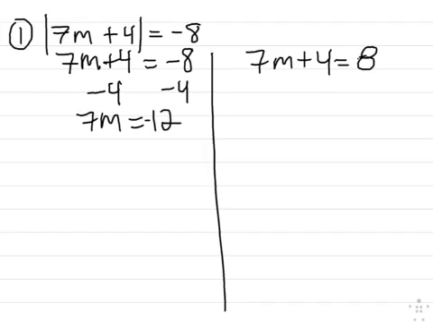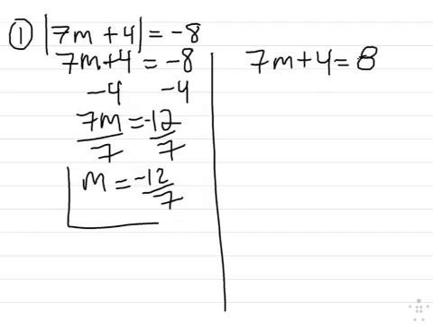Same sign, take the sum, divide by 7, or multiply by the reciprocal, which is 1/7. You'll get the exact same answer. m equals -12 over 7. Cannot simplify. That's my answer. Not fully my answer. I shouldn't do a box yet. There we go. That's one part. I'll do a little bucket. How about this one?